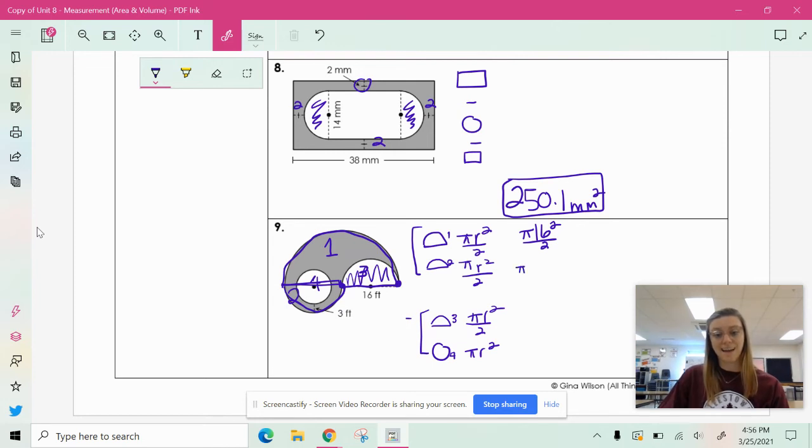So this is going to be pi 8 squared divided by 2. I'm going to erase all this junk. This to this is 16, but I need this to this, which is 8. So pi 16 squared divided by 2.